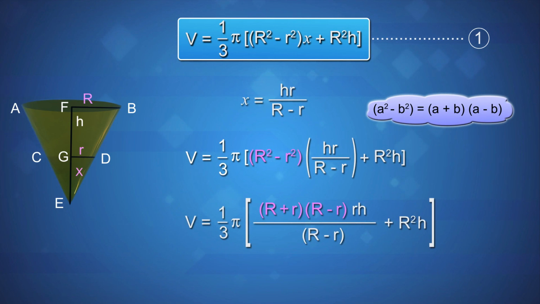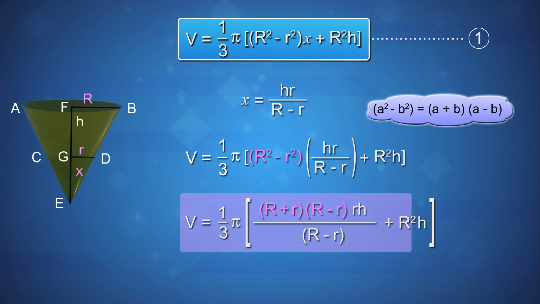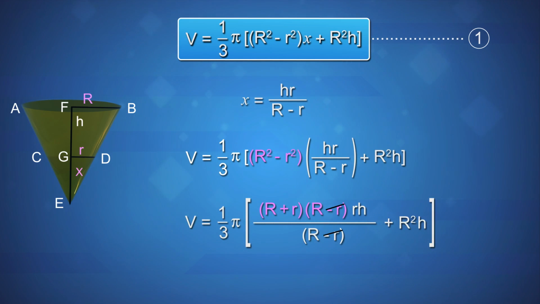So we get V is equal to 1 by 3 pi into capital R plus small r into capital R minus small r into H by capital R minus small r plus capital R square H. Cancel the common term capital R minus small r.